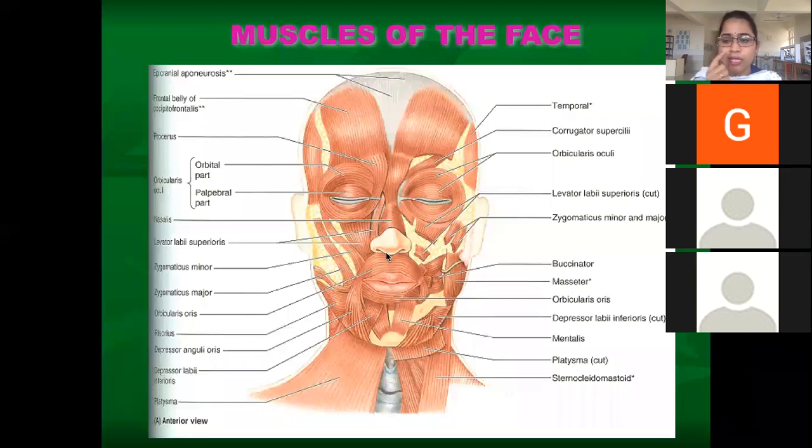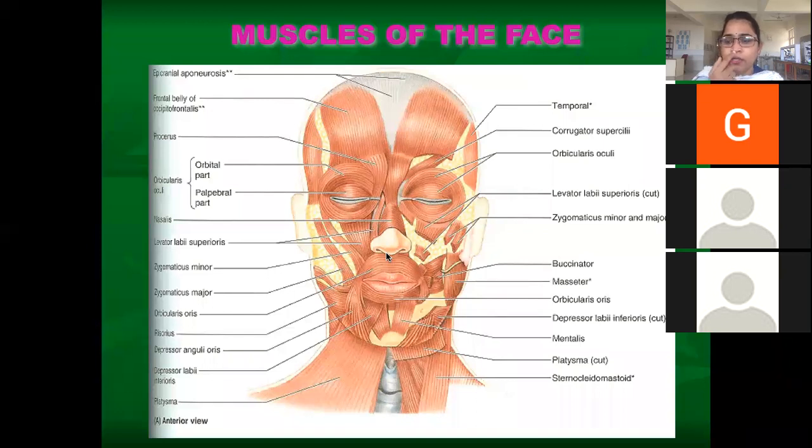I hope you all can see the video. These two are called the ala of the nose. The middle portion which separates the two cavities is called the nasal septum. So it causes depression of the septum and elevation of the ala, like when you are angry.